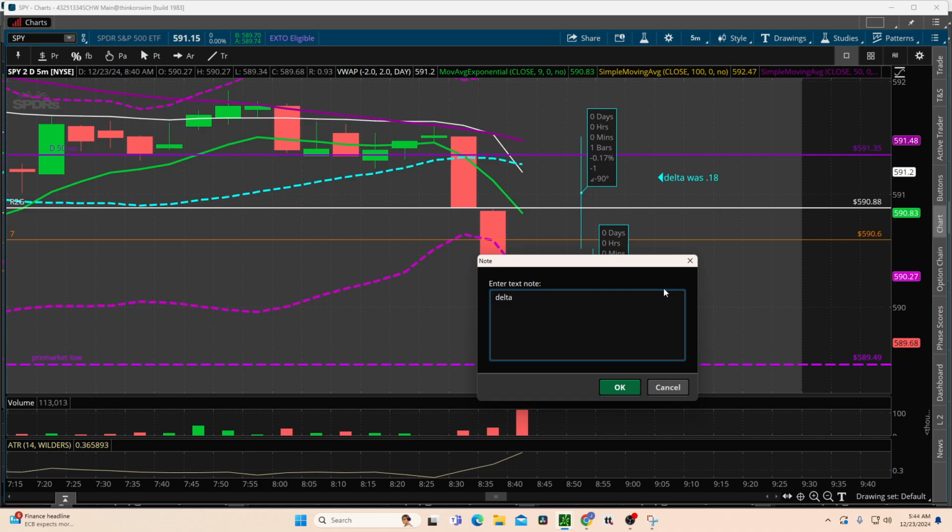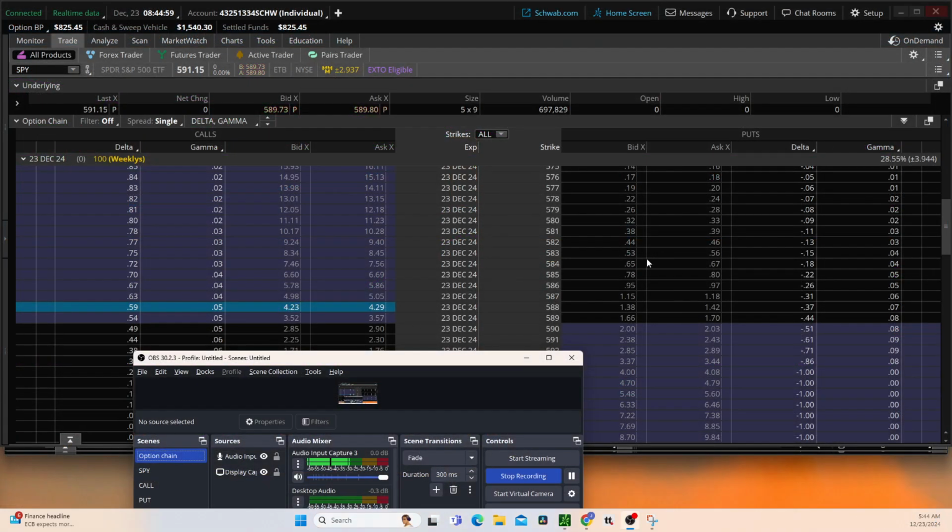delta plus gamma, which is 0.18 plus, if you look over here, if we traded this one, it was actually changed a little bit. Okay, it's 18 cents plus 4 cents.